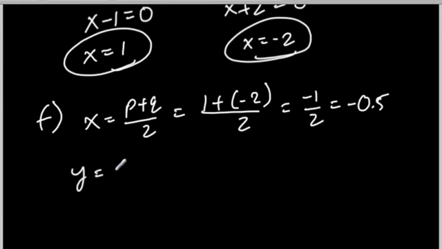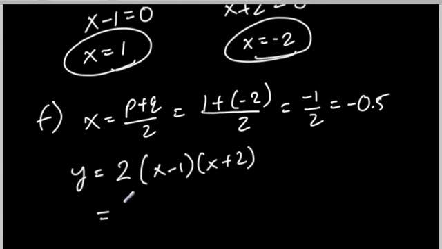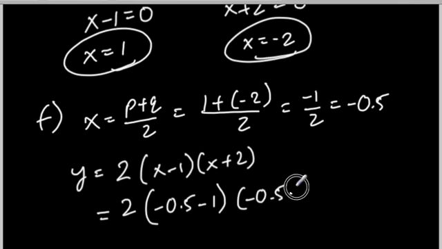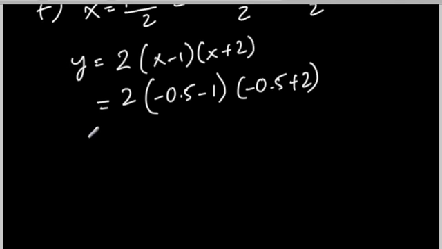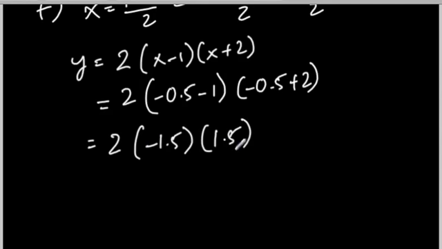The y-coordinate of the vertex is going to be 2, x minus 1, x plus 2. So all we have to do is take this x value and plug it in right here in order to get the y value. So it's 2, negative 0.5 minus 1, negative 0.5 plus 2. That's equal to 2, negative 1.5, positive 1.5.